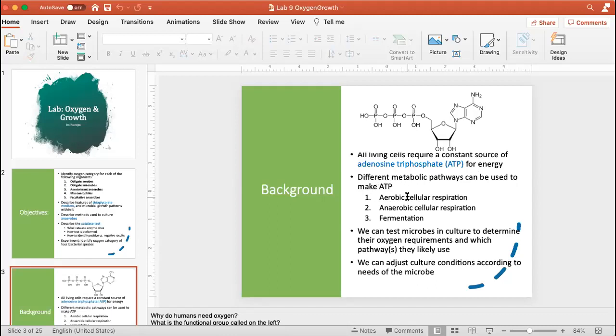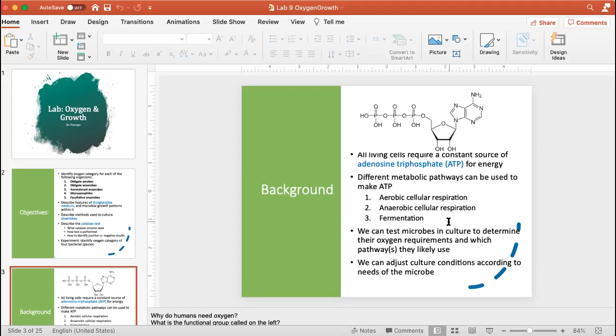And anytime you see that word aerobic, think oxygen. And there's also an anaerobic form of cellular respiration. They are both cellular respiration pathways, but one of them requires oxygen and the other pathway doesn't. It requires a different molecule to be the final electron acceptor. Now, there is a third metabolic pathway that some organisms use to make ATP, and that's fermentation.